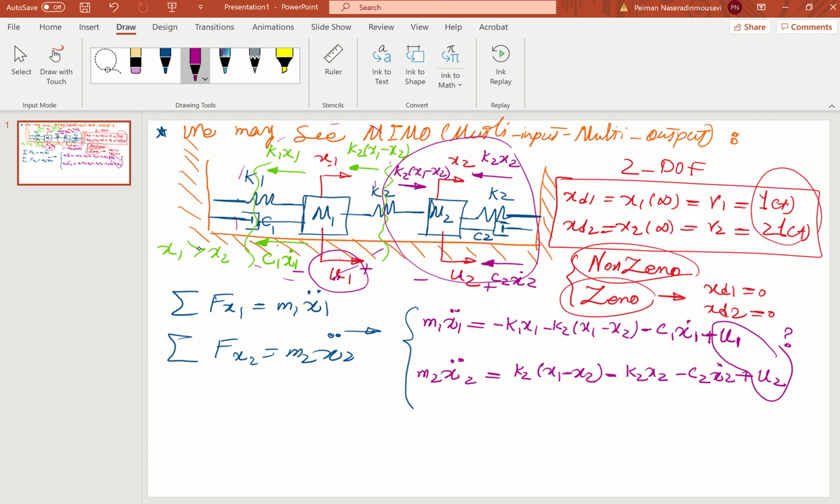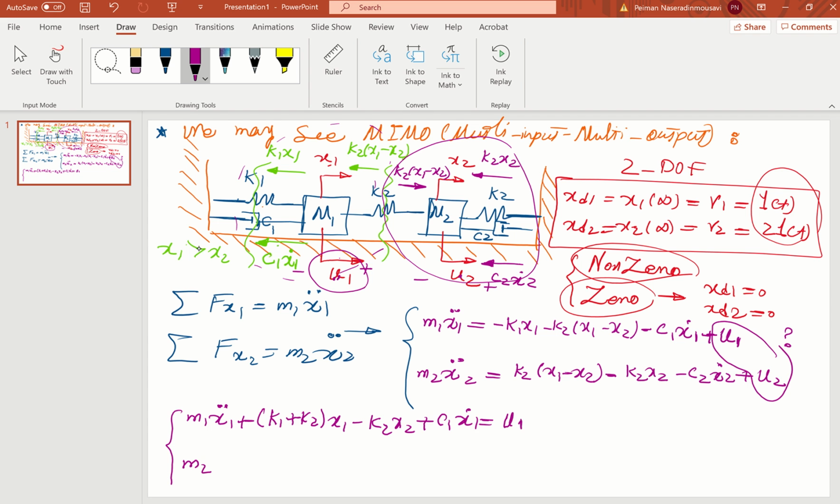Okay, so if you rearrange everything and summarize, the final equation is going to be this. I move to the other side. (K1 plus K2) x1 minus K2 x2 plus C1 x dot 1 is equal to U1, right?